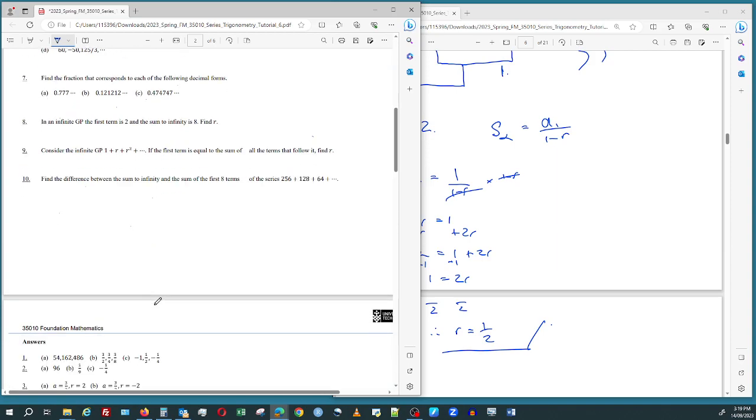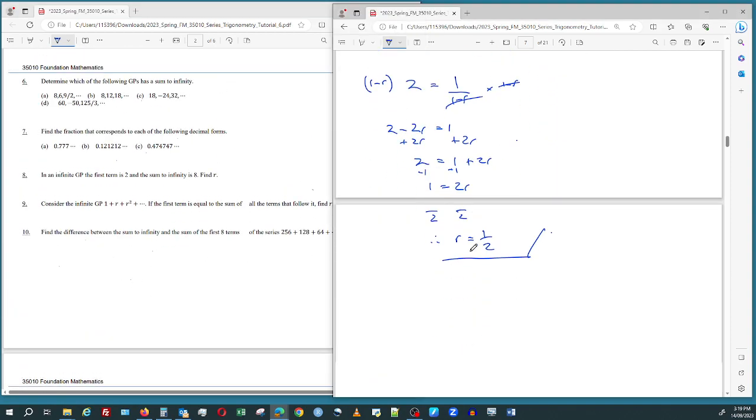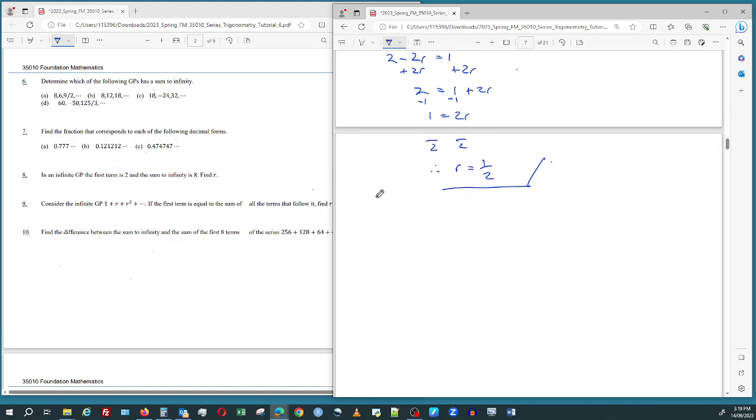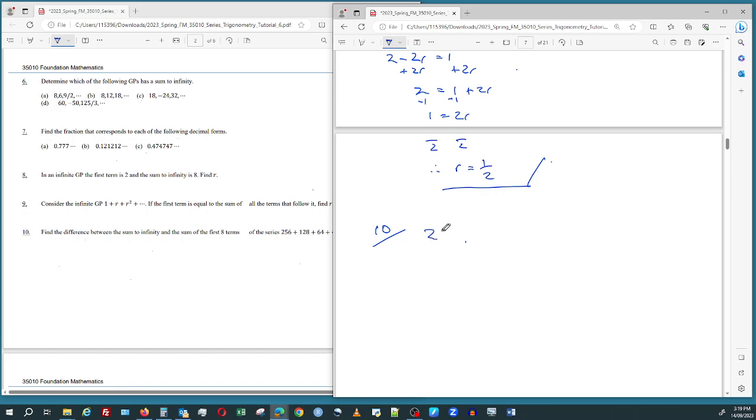So for the last one, we want to find the difference between the sum to infinity and the sum of the first 8 terms. Okay. So the sum to infinity and the sum to the first 8 terms. And our series is, I'll just do this way, plus 164 plus dot dot dot.